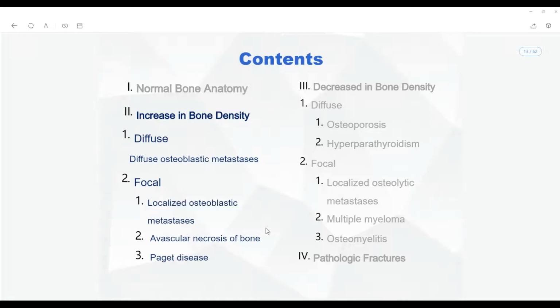Whenever I am talking about the term bone density, you have to make sure that it is related to metabolism. It is related to the metabolism of the calcium deposits, which may be controlled directly by the endocrine system.